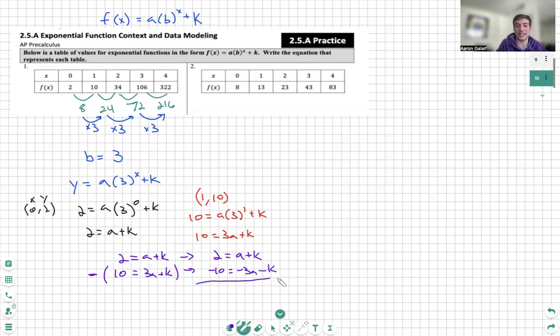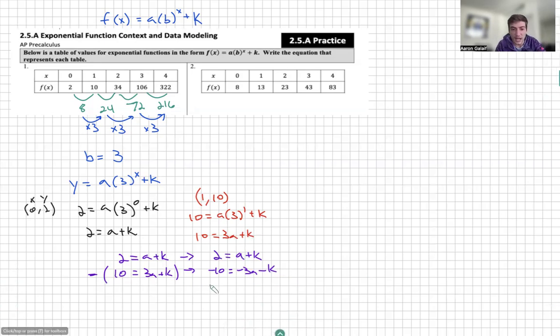Now we can combine these equations because we can see that plus k and minus k will cancel. 2 minus 10 is negative 8. a minus 3a is negative 2a. Divide by negative 2 on both sides. We see a is equal to 4.